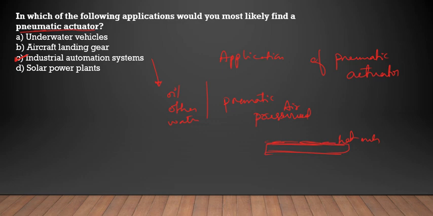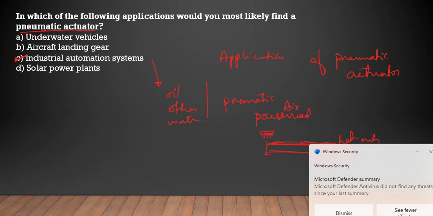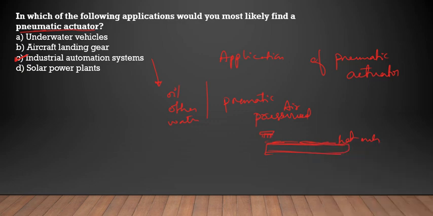You cannot clean it by hand. What you need to do is make an arrangement of nozzles here, and you need to drive this air pressure with the help of a valve which is driven by the pneumatic actuator.